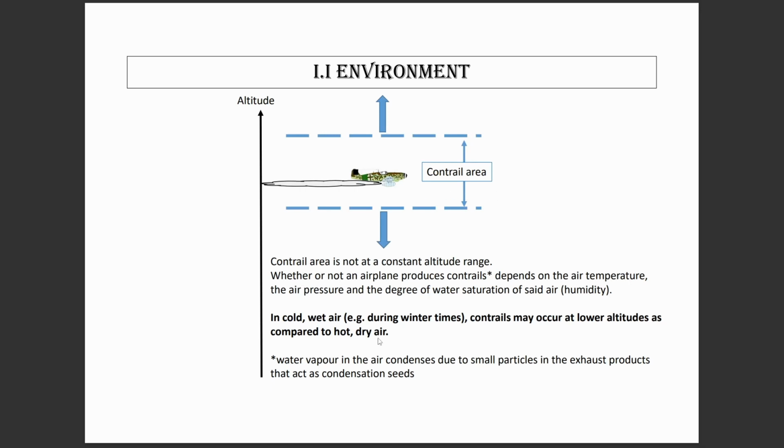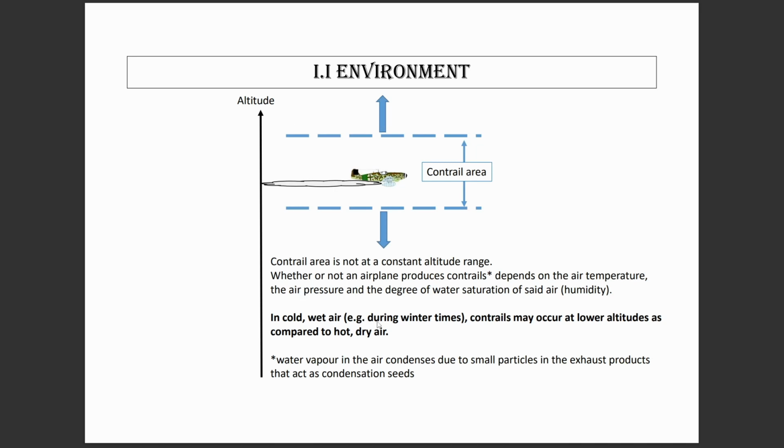How they are created, I've already told you. And that sliver of contrail area may move. It's not always constant. It depends on the current atmospheric conditions, and it may move along the altitude axis.